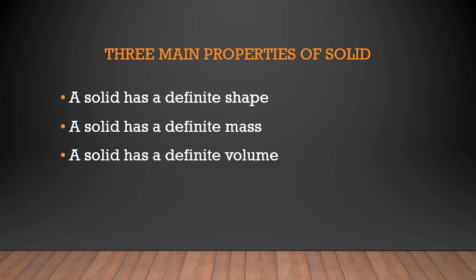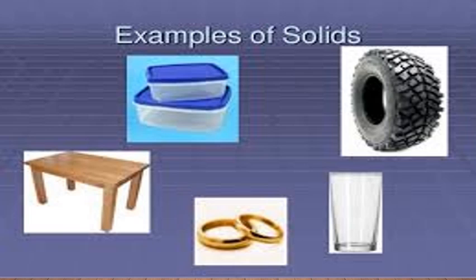These are the three main properties of solid. A solid will always look the same and take up the same amount of space, like apples, pencils, sugar, etc., or the tiffin box, the tire, the glass, the gold rings, the table. These are all examples of a solid.